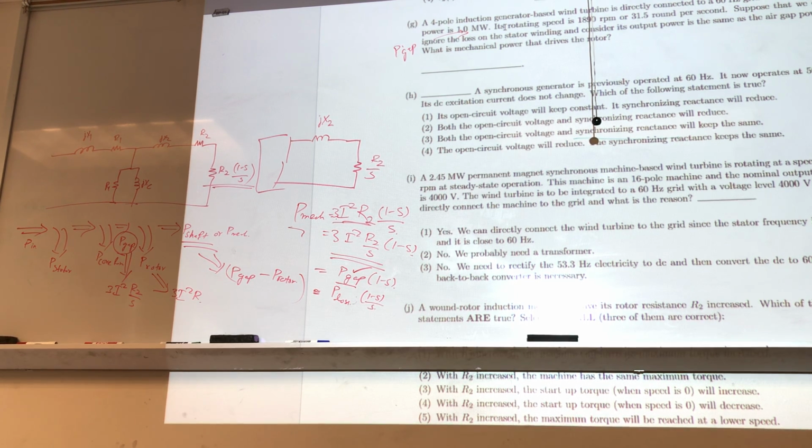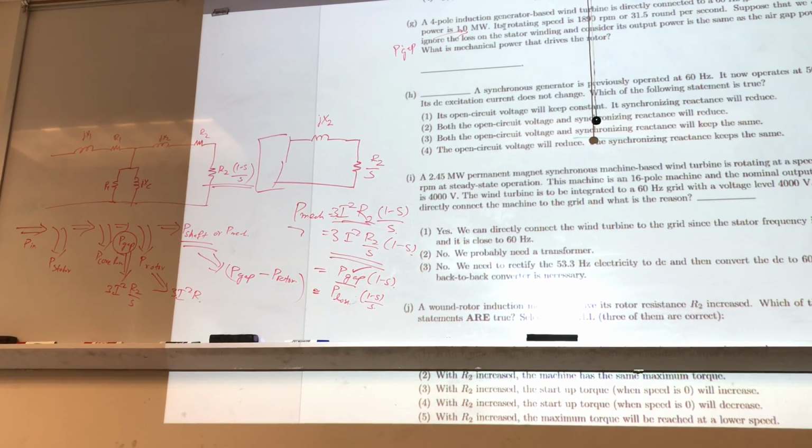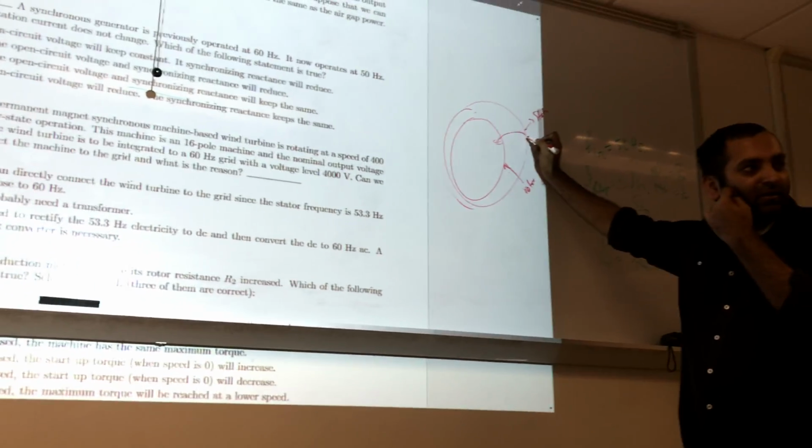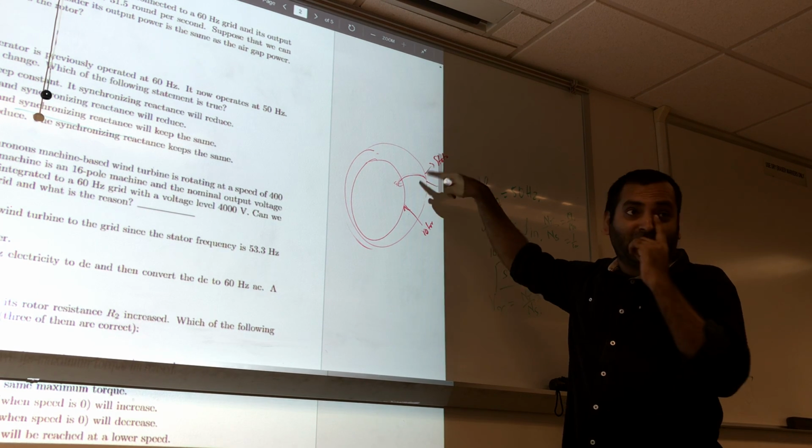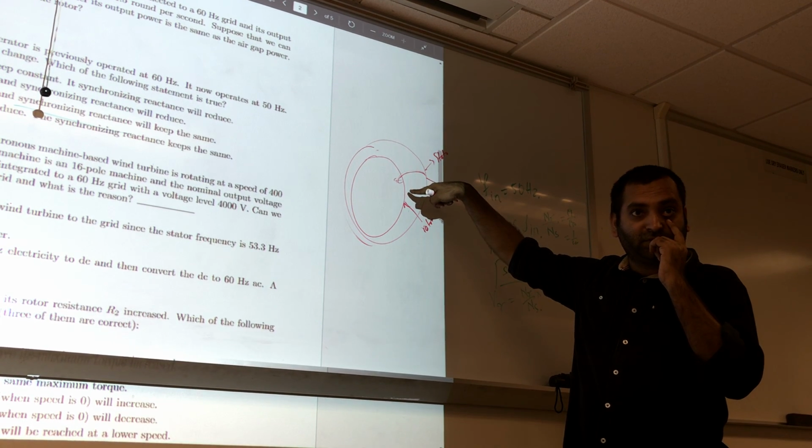So once you remove the R2 loss, you will have the mechanical power. So, am I clear or any confusion? Once you find slip, you can plug that into the formula for P gap and then we'll find P max. Am I clear on this? Any question? Go ahead.